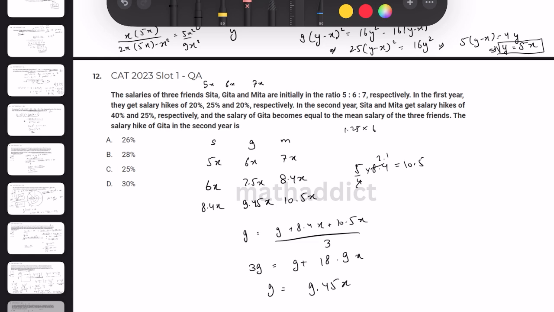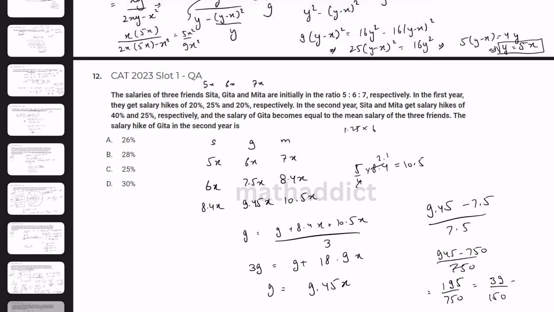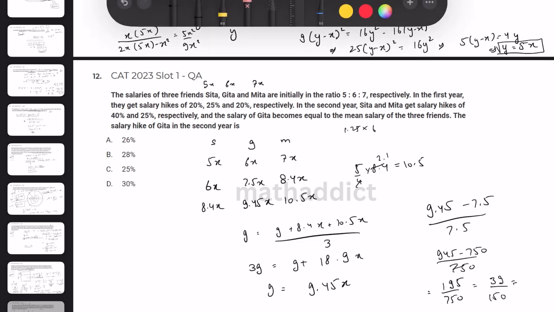Then the salary hike is (9.45 minus 7.5) upon 7.5, which is (945 minus 750) upon 750 percent, that is 26%. So the answer is A, 26%.